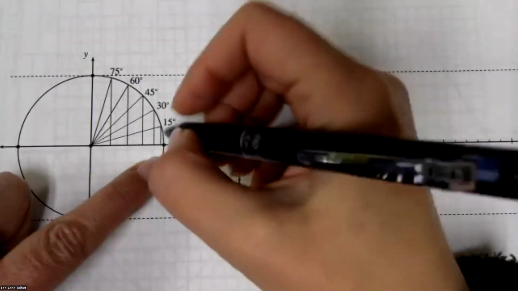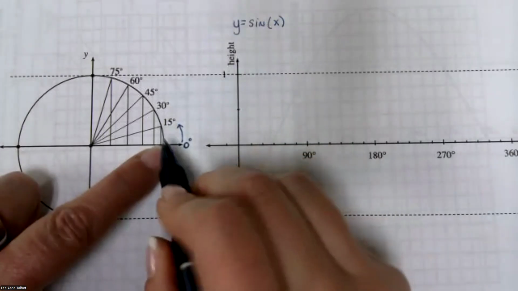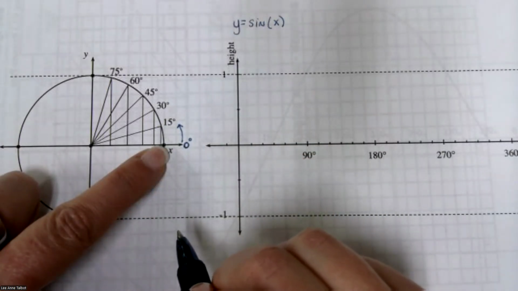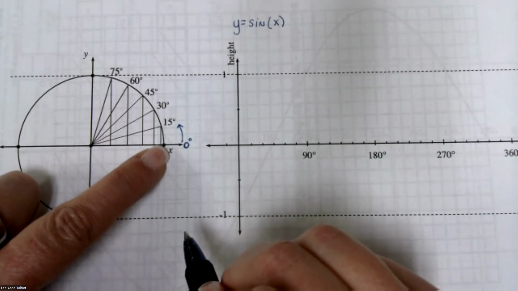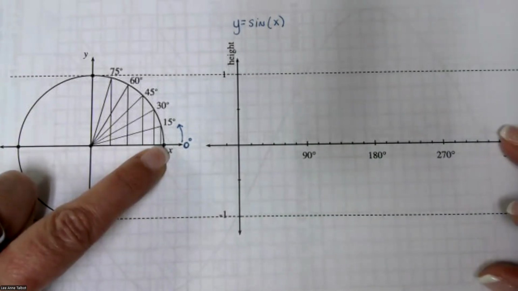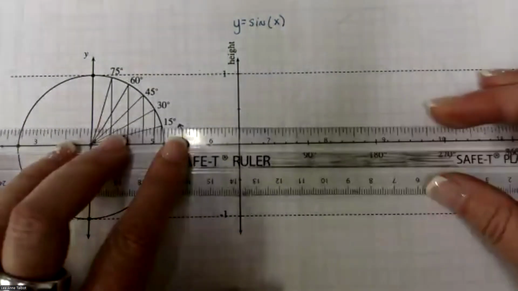Okay, now you rotate up 15 degrees. How high are you? Think about your table that we just did. How high are you? Yeah, 0.259, 25 feet.